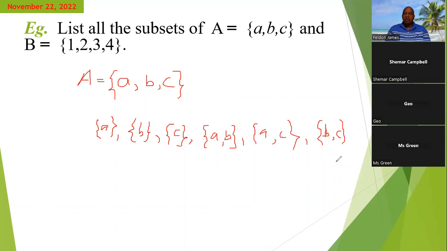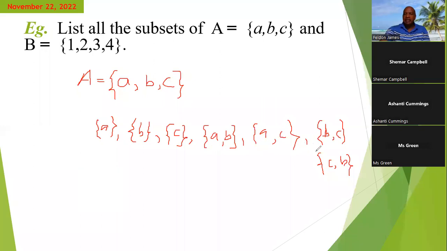I know sometimes you might be tempted to say that you may have a subset CB, but if you write the subset CB, would that be the same as any other subset that we already formed? Which other subset would CB be the same as?